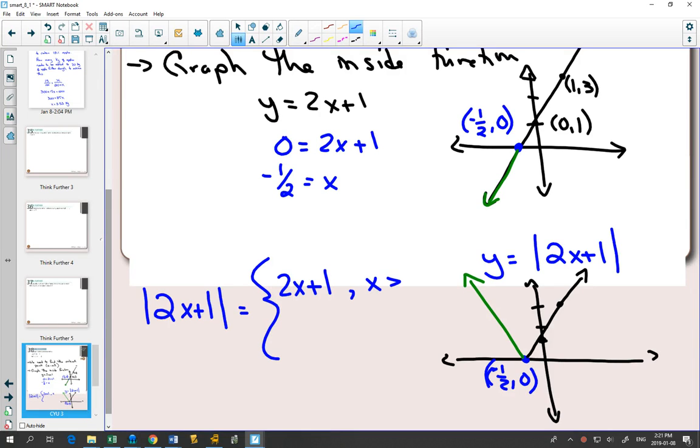When x is bigger than or equal to negative 1/2. That black section of the graph is the same on both the absolute value and the inside function. But the green section of the graph gets flipped up. And we can show, or I'll write it in green even, we can show it being flipped up by just putting a negative in front.